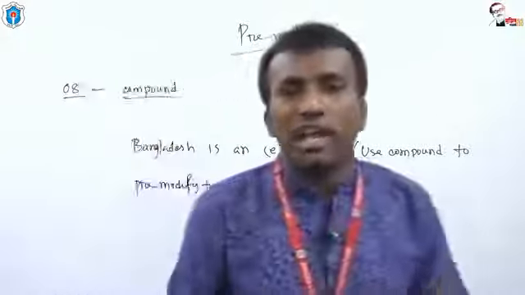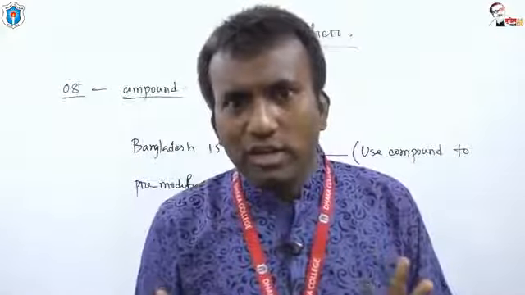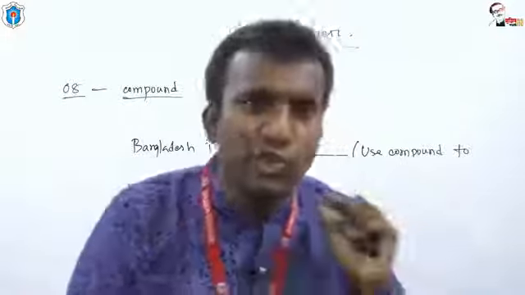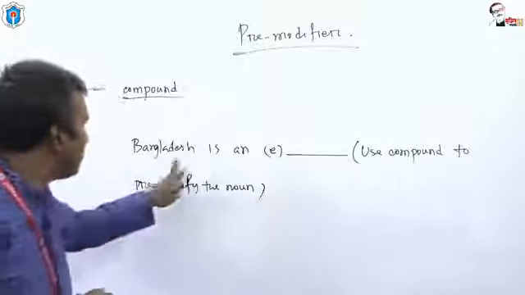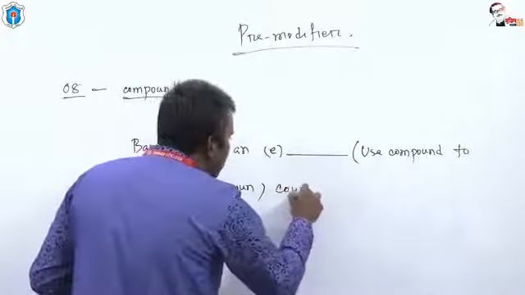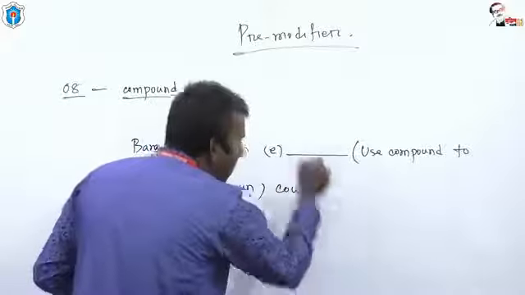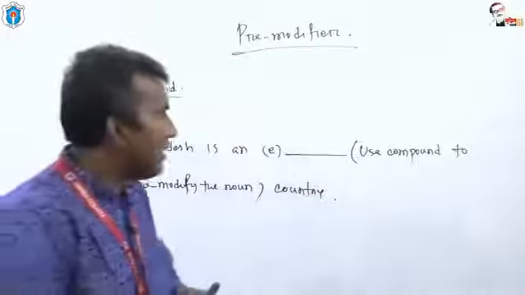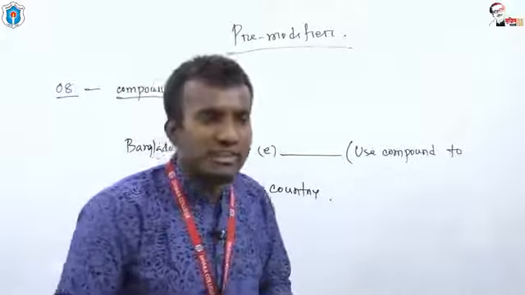What is the noun? Have I written the noun? I haven't, but I'd like to. The noun is here: Bangladesh is an dash country. Dear students, write your answer in the comment box. I will check it.